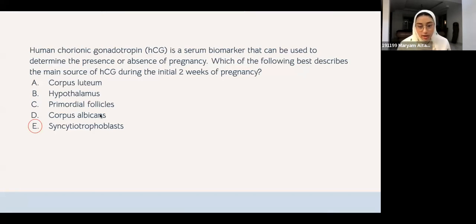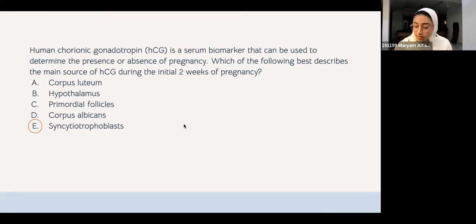Because if it does die, what happens? Corpus albicans is old and dead and shriveled up. No more progesterone, menstruation happens. So they can ask this question in either this type of way or that type of way, but it's the same kind of concept. Syncytial trophoblasts, HCG, maintain our corpus luteum. And here they're asking in the initial 2 weeks of pregnancy.